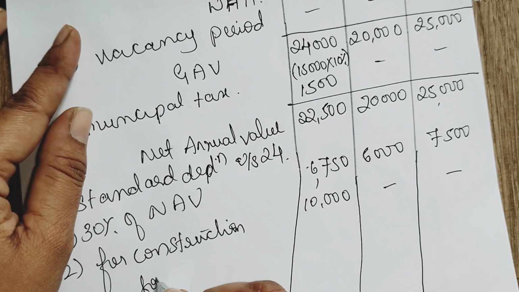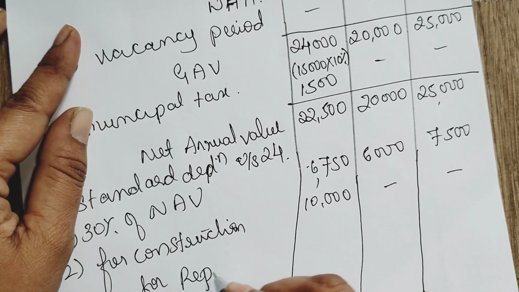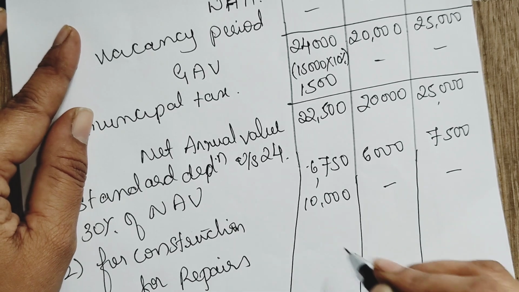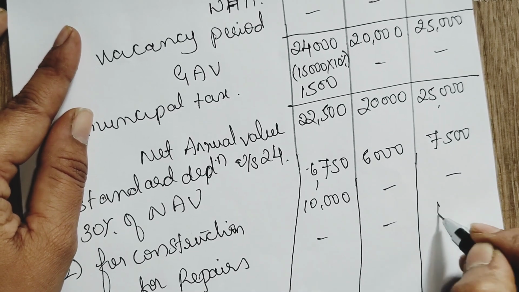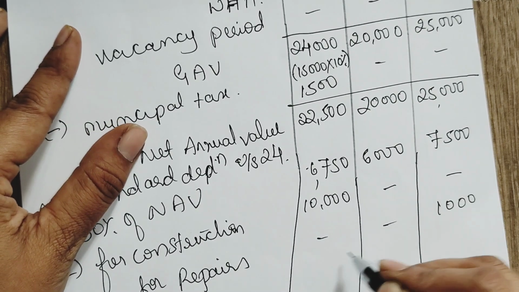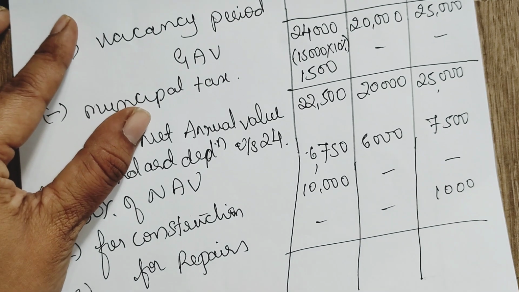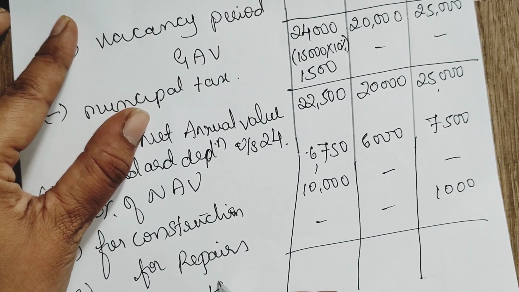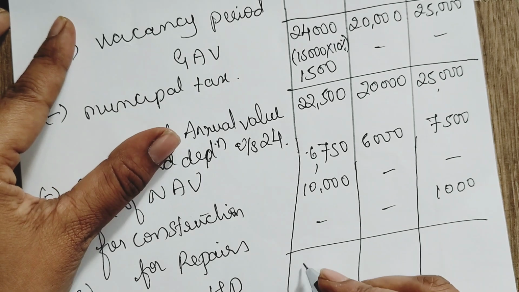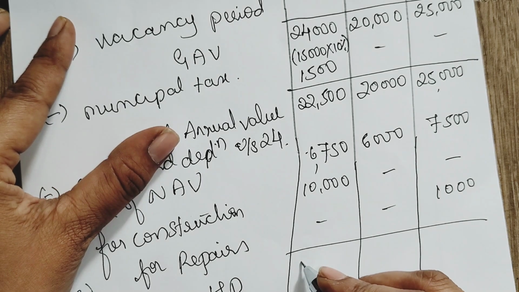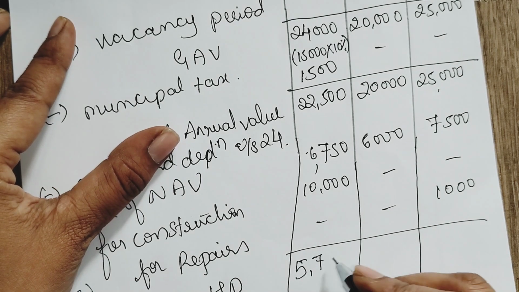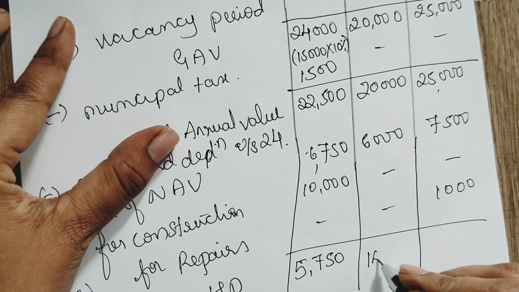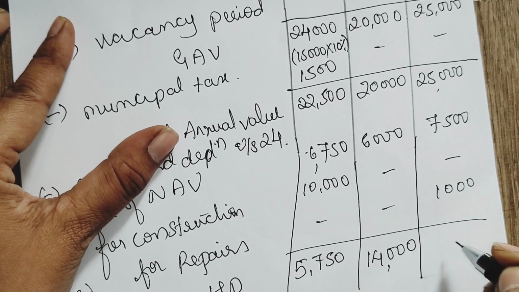For repairs it is 1,000 for house C. Now this is our income from house property, after minusing: 5,750, 14,000.